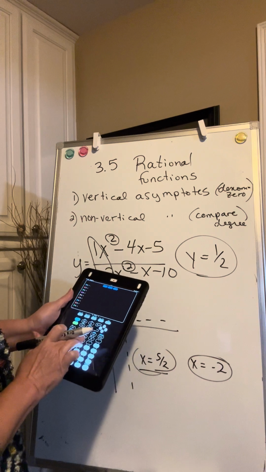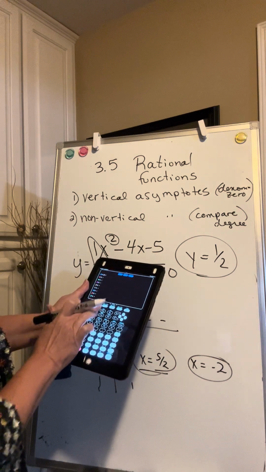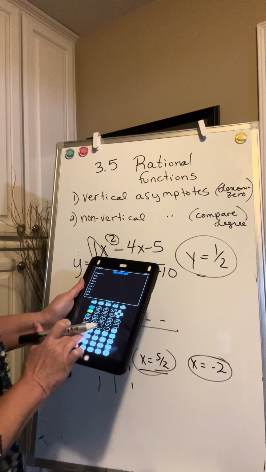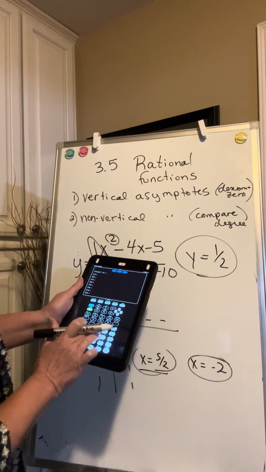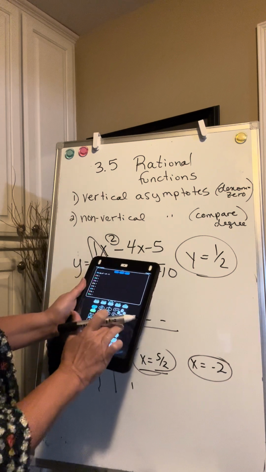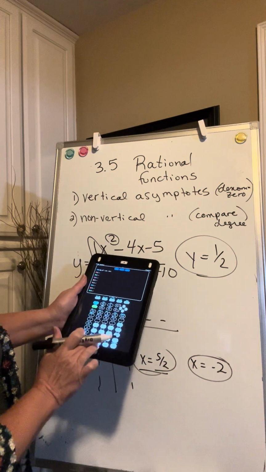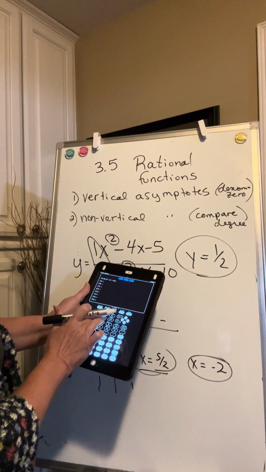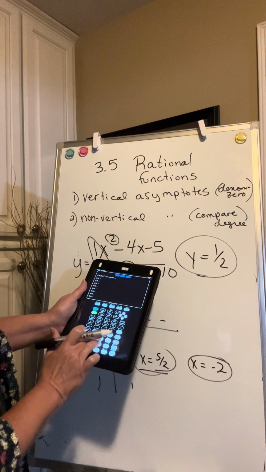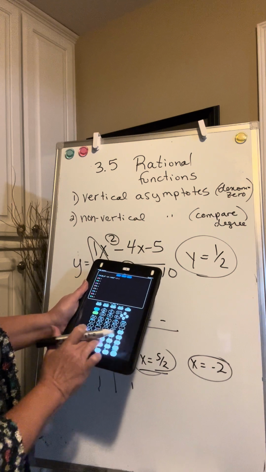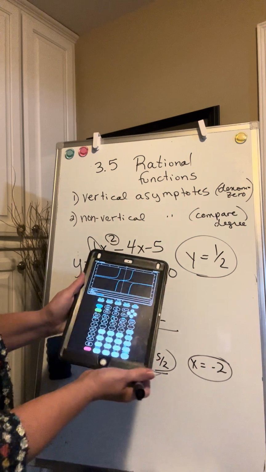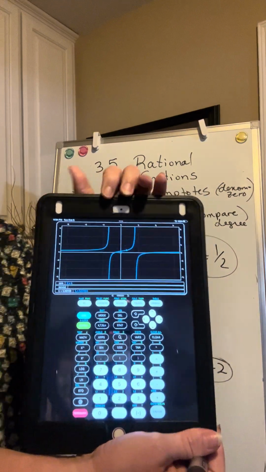And so y equals x squared minus 4x minus 5 for the numerator, all in a parenthesis, divided by the denominator in a parenthesis as well, 2x squared minus x minus 10. And this time it has the 3 sections.